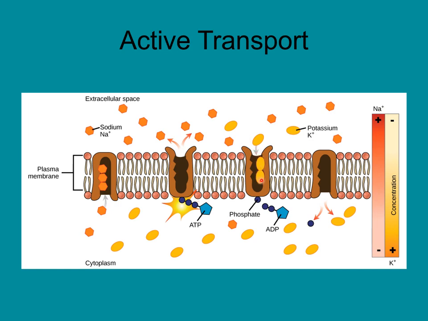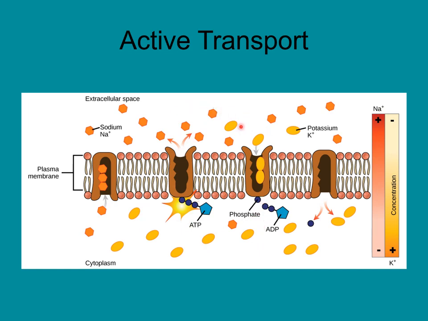When the second potassium binds, it's like the bus is full, close the door, and it hinges and opens and releases the potassium on the inside. Now this protein is ready to pick up 3 more sodiums. And that's exactly what it's doing. It's pumping 3 sodiums out, 2 potassiums in. And that is the sodium-potassium pump.